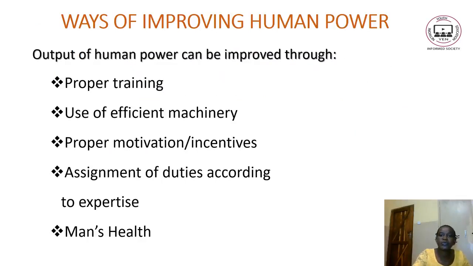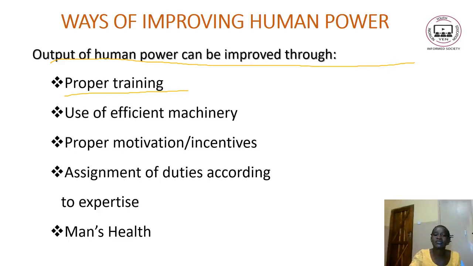How best can we improve this source of farm power, which is human power? Output of human power can be improved through proper training. Most of the times, in order for the farmers to have high productivity in their fields, they'll need to have workers who have some skills.